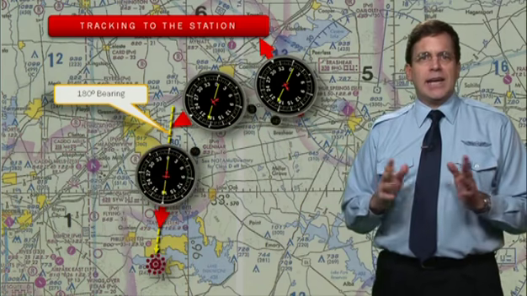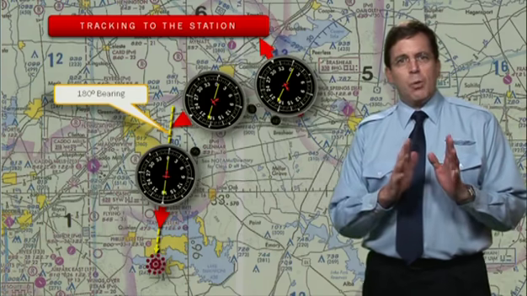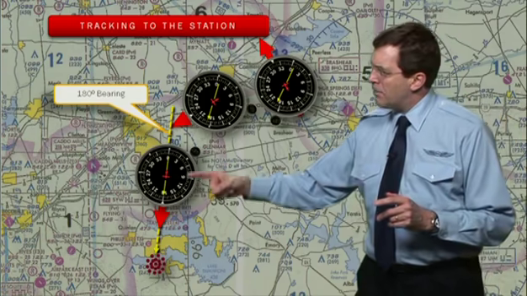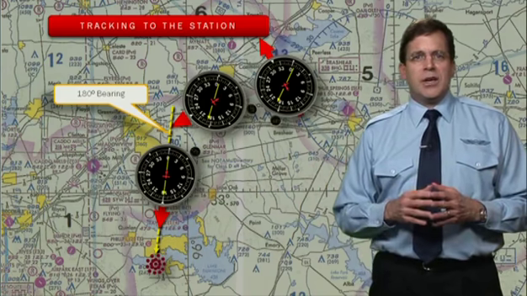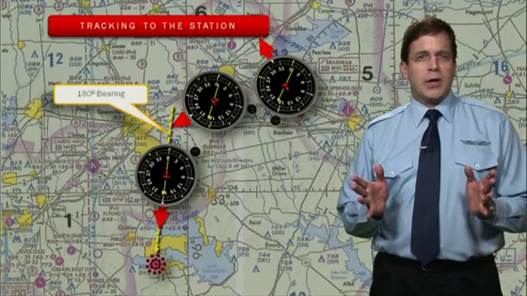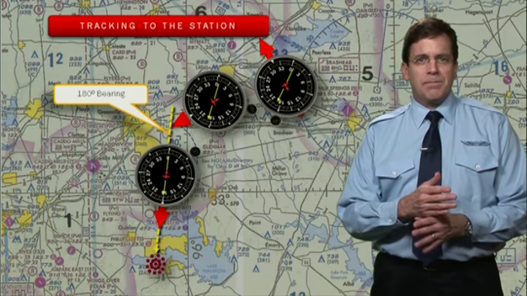Finally, the aircraft is on an inbound magnetic heading of 180 degrees with a 180 degree magnetic bearing to the station. Tracking to the station means we correct for the wind using a wind drift correction angle to maintain our course line across the ground.